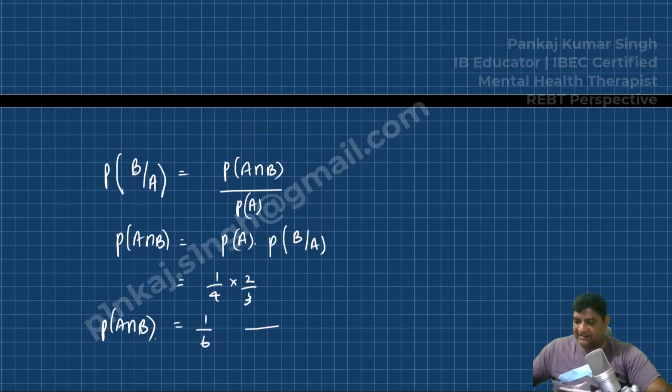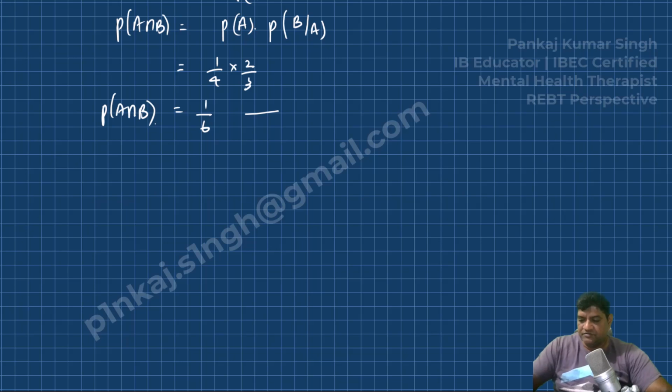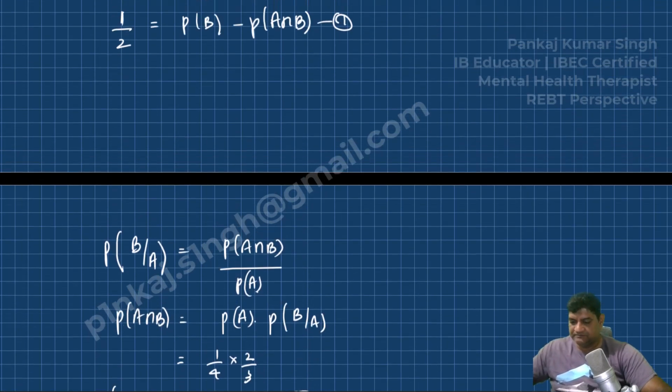So this can be used in the first equation. The first equation will now come down to 1 over 2 is equal to the probability of B minus the probability of A intersection B, which is 1 over 6.